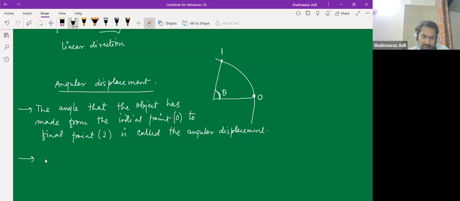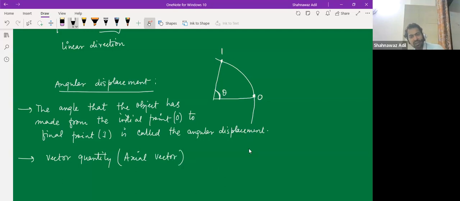And this is a vector quantity, and precisely this is an axial vector, right? Why do we call this an axial vector? Because it has some axis of rotation, right?